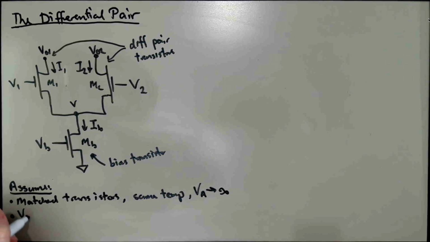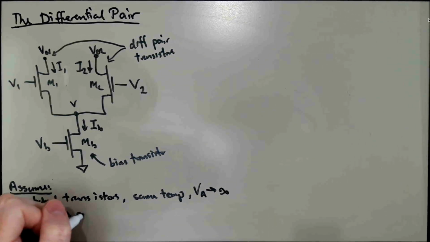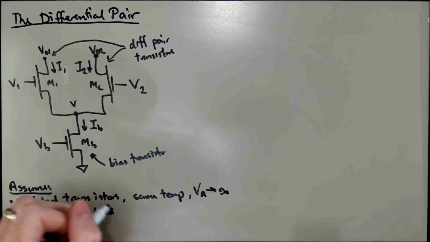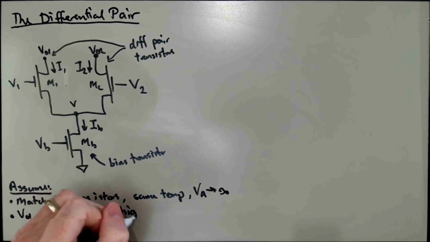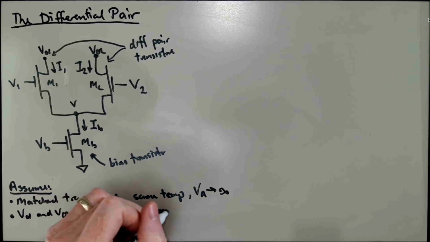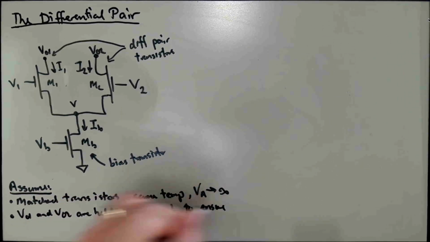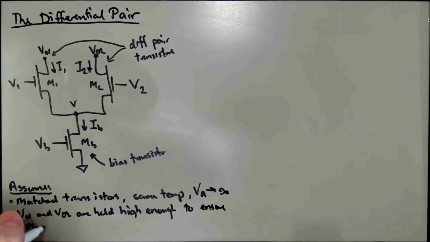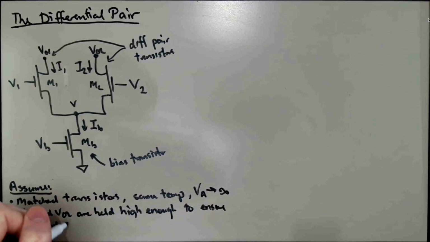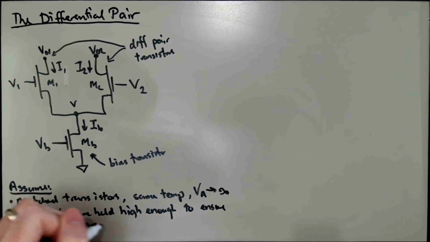We're going to assume VO1 and VO2 are held high enough to ensure M1 and M2 are saturated.